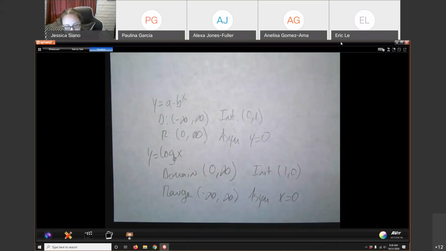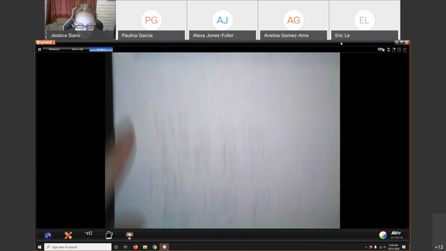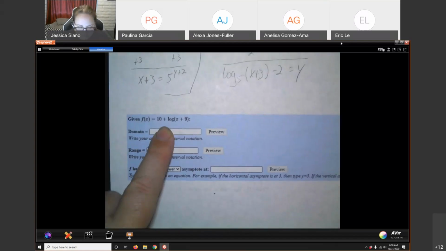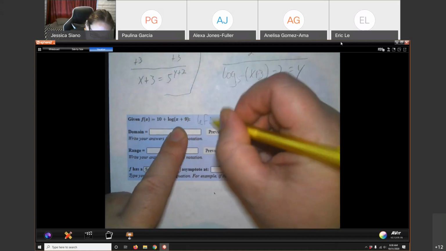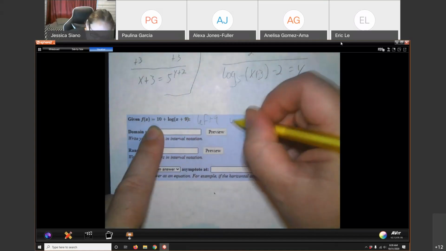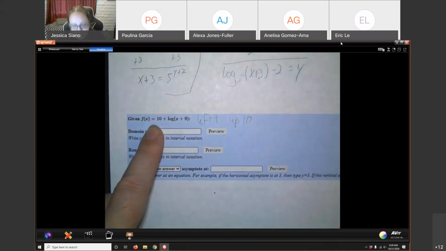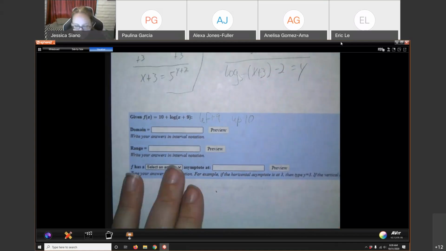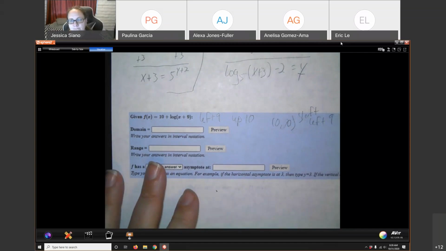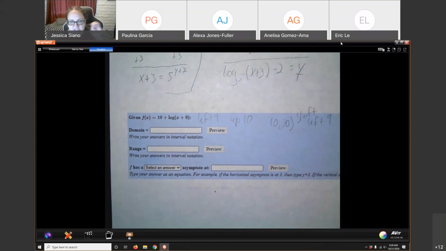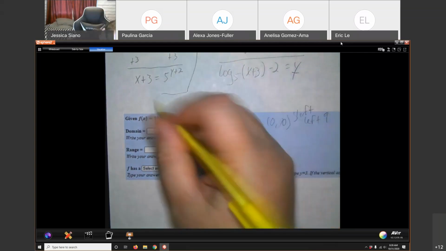Okay, so here, this is a basic log function that has been shifted to the left 9 and up 10. Well, my domain is normally 0 to infinity, but that gets shifted left 9. So if I take 0 to infinity and I shift it to the left 9, I'm going to end up with negative 9 to infinity.